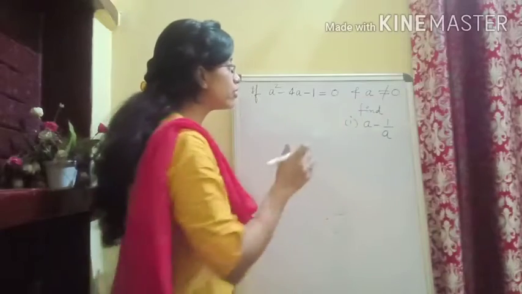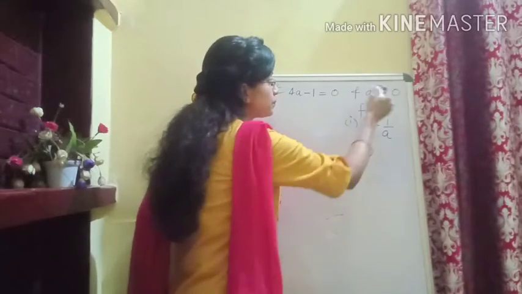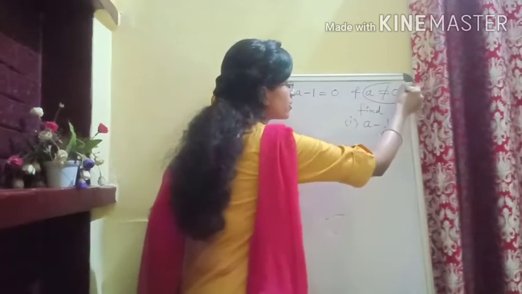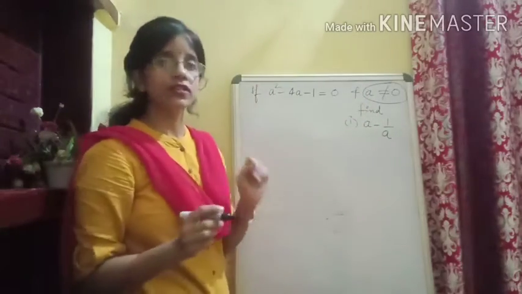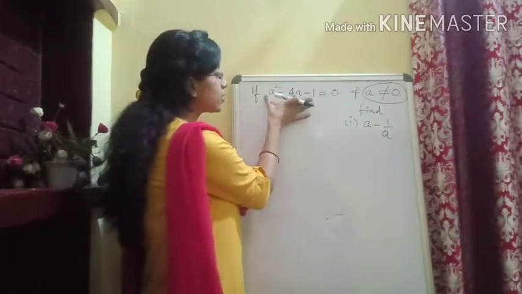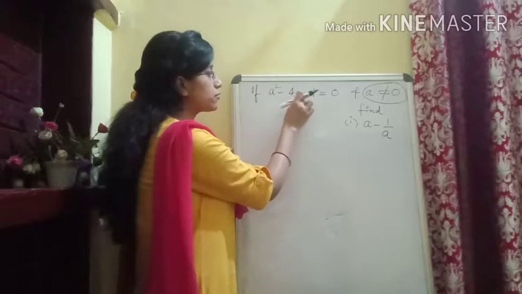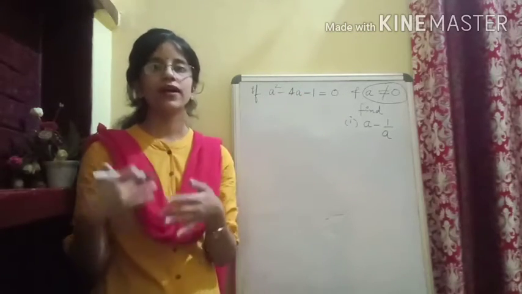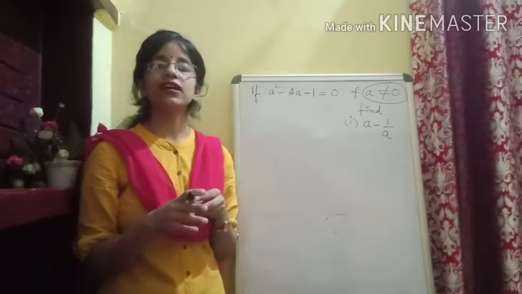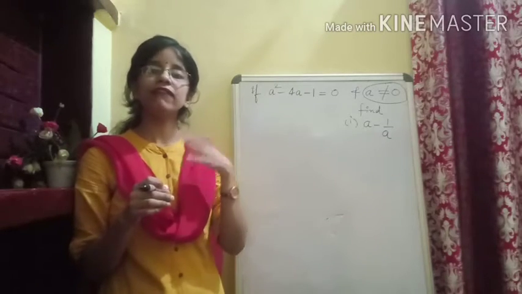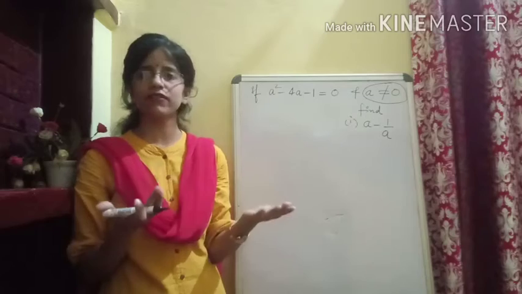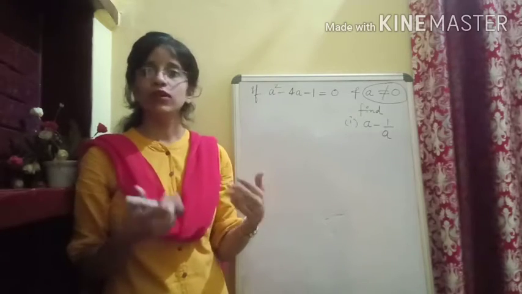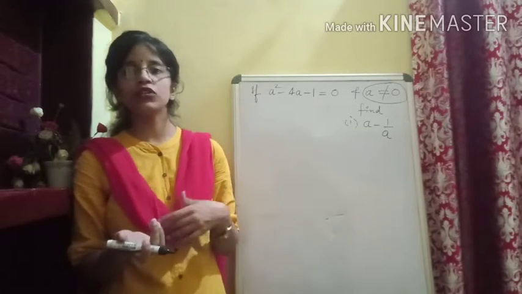Now let's see first why they have written that a is not equal to 0. In the given condition, a square minus 4a minus 1 equals 0, a is our variable, like x, y, z. Variable means it can take different values, like 2, 3, 4, minus 2, 1 upon 2, 1 upon 7.